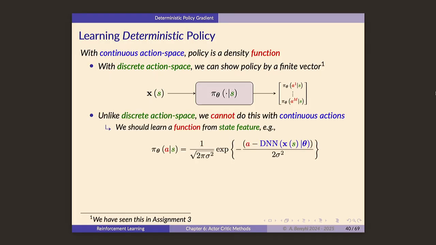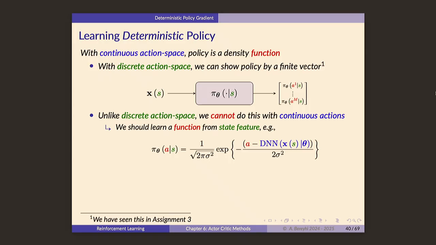When you have a continuous action, you typically describe your policy by the statistical parameters of your density function using this state, right? This was the example I gave you initially, and it's a nice example to visualize what is happening.